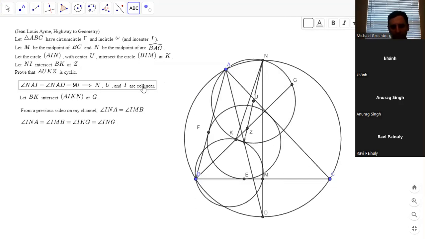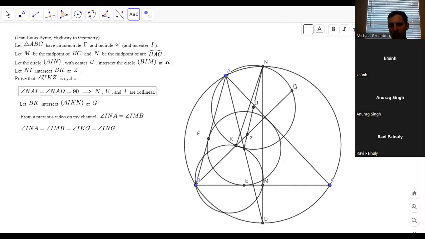And then, so NA is equal to N... Well, wait, this is not an isosceles trapezoid. So AG is perpendicular to IN, but this isn't an isosceles trapezoid, right? Yeah. It is.